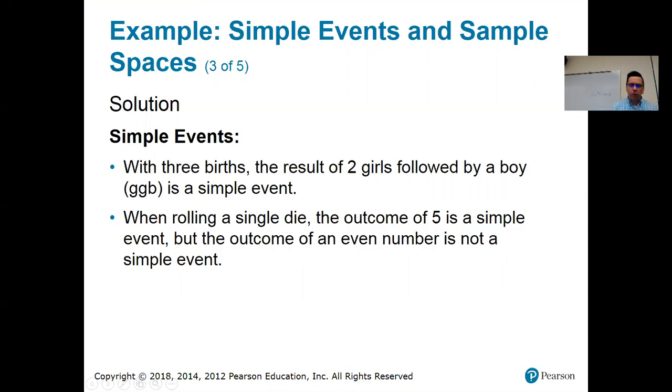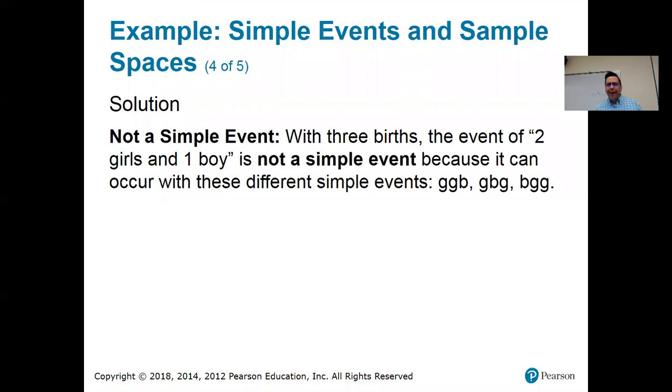There's 3 different ways that can happen. As we said before, with 3 births, the event of 2 girls and 1 boy is not a simple event because there are 3 different ways it can happen. You see them right there. Actually, I think earlier they had 2 boys and a girl, didn't they? They switched it up here, but it's the same idea.